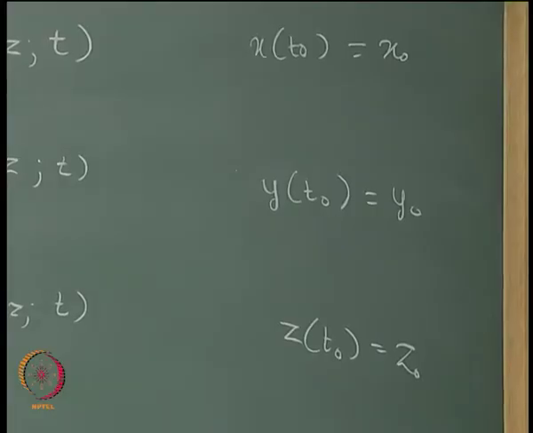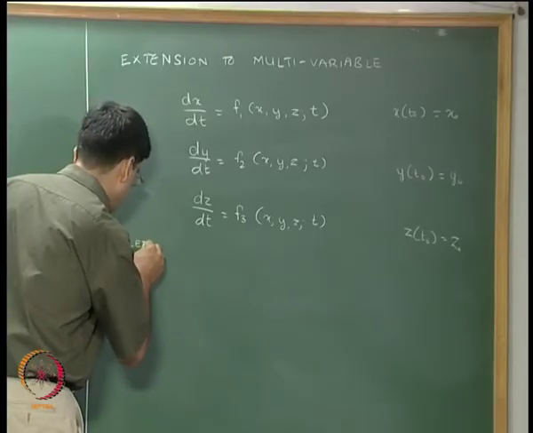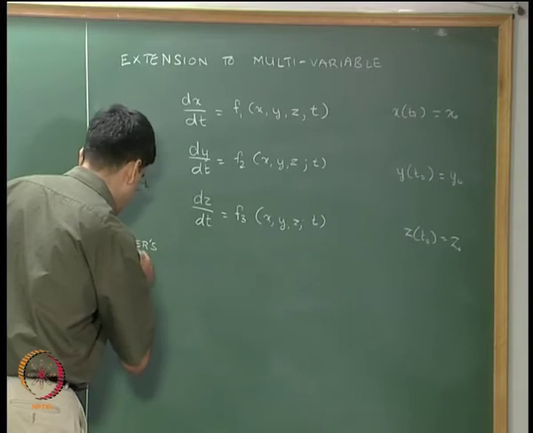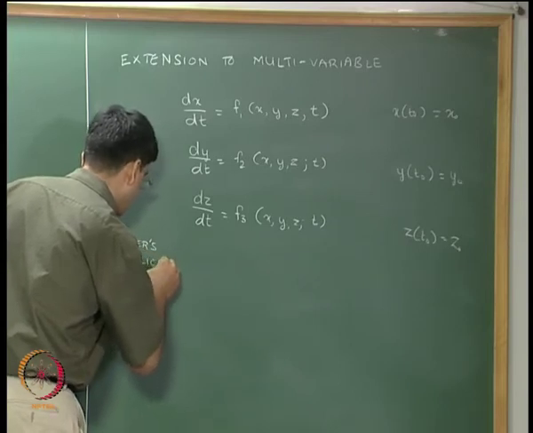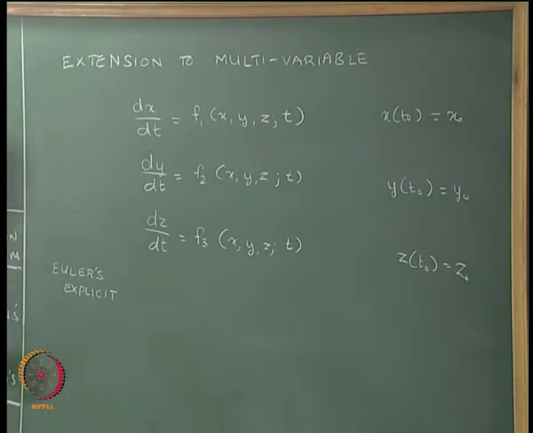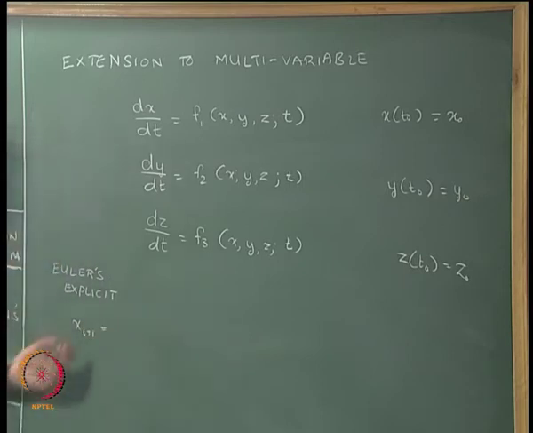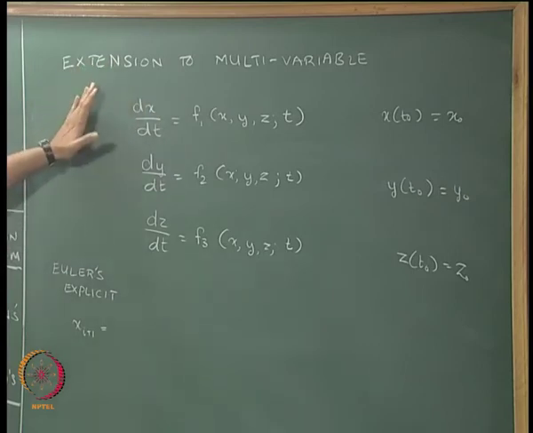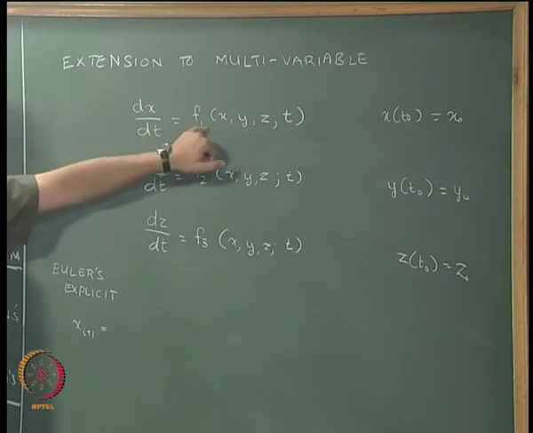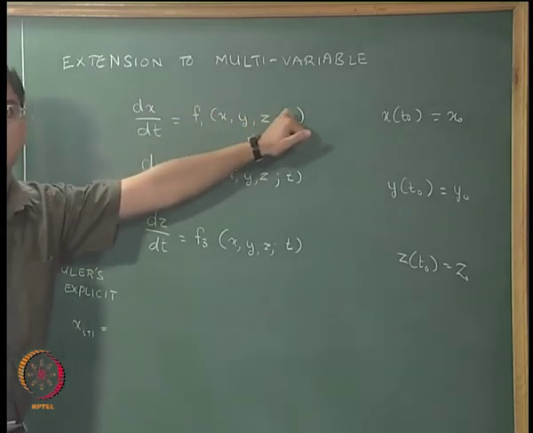Okay. Let us now consider Euler's explicit method. In Euler's explicit method, what we are going to do is, x I plus 1 minus xi, so dx by dt we can write as x I plus 1 minus xi divided by h, that is going to be equal to f1 of xi, yi, zi, ti.